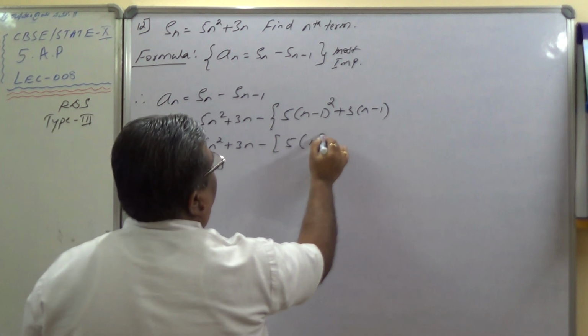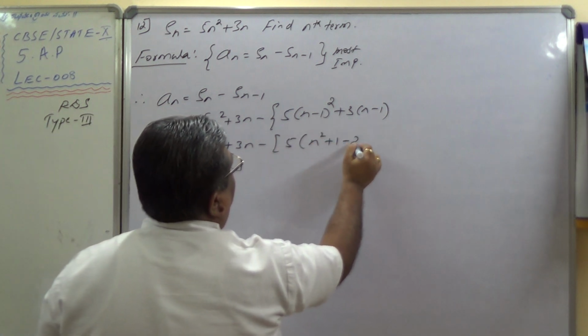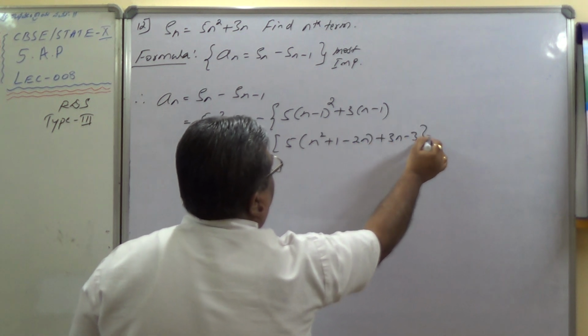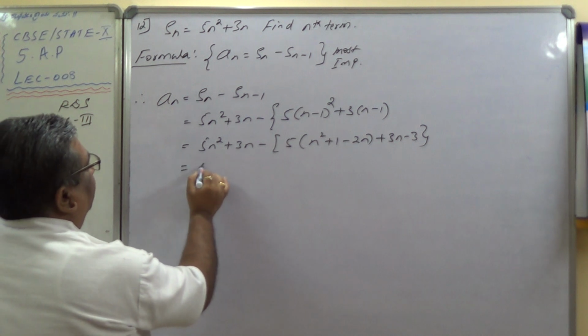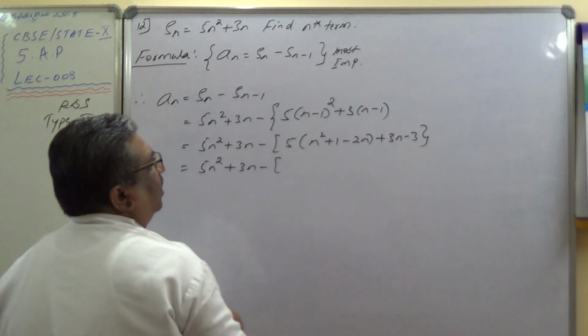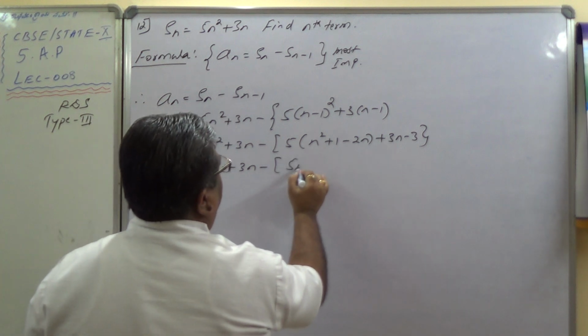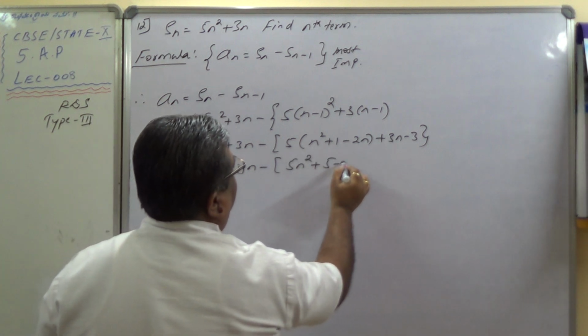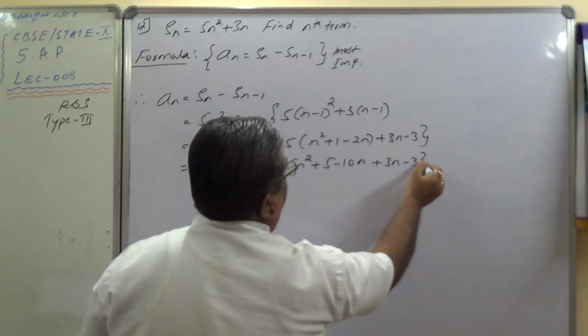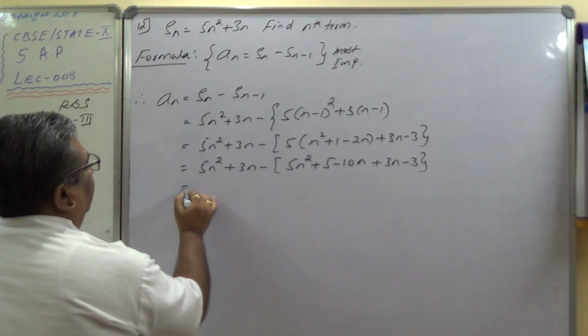Five times n square plus 1 minus 2n plus 3n minus 3. Five n square plus 5 minus 10n plus 3n minus 3.